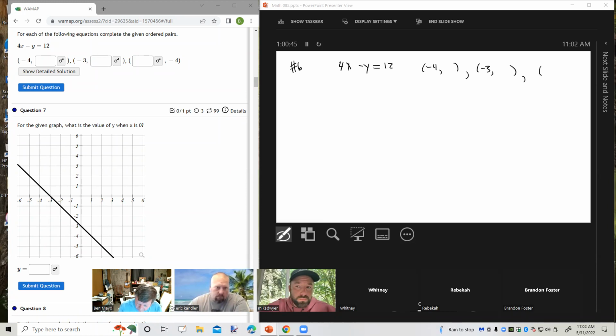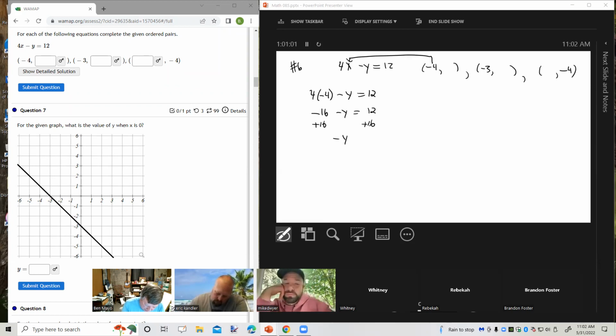And then finally, we've got y is -4. So when x is -4, that's going to go in place of x. 4 times -4 minus y equals 12. -16 minus y equals 12. Add 16 to both sides. Negative y equals 28. Divide by -1, y equals -28. Okay.